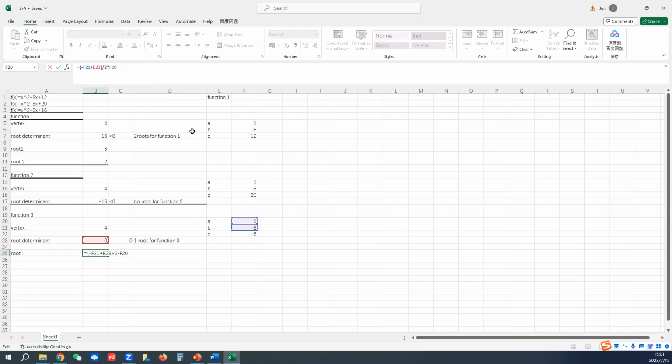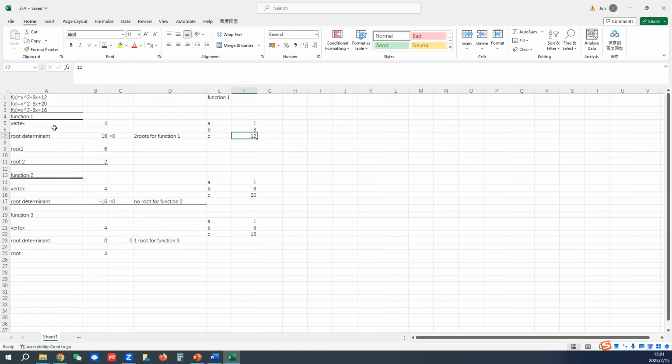Okay, so you want to make sure it's 2a, the entire thing, in the denominator. So just add brackets. Okay, so the result is 4. So this is how you utilize the function, spreadsheet modeling, to work out the solutions.